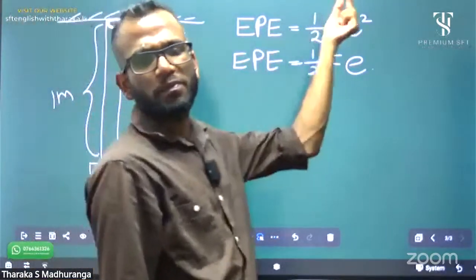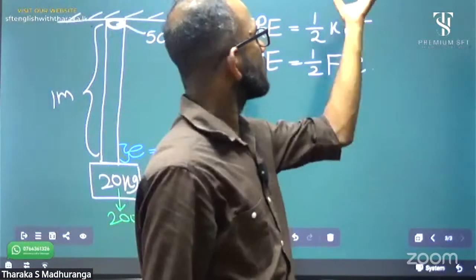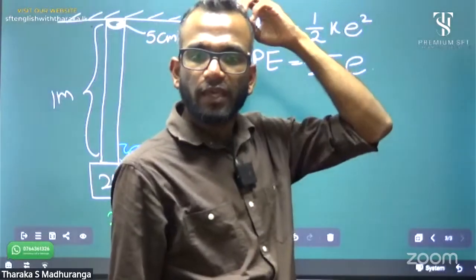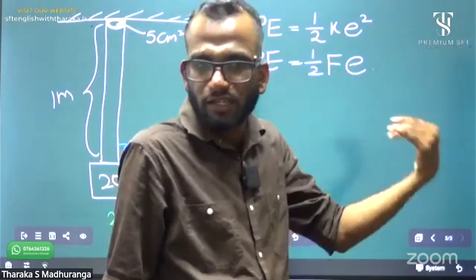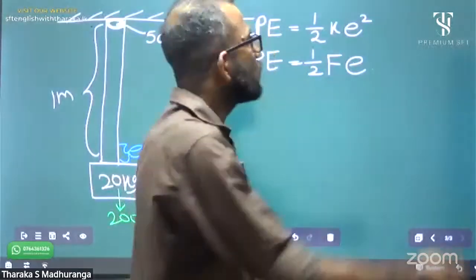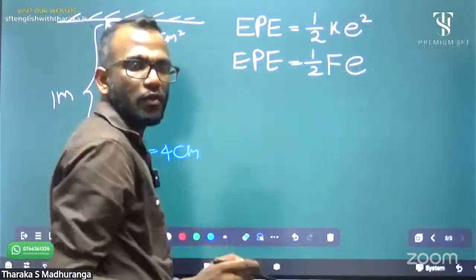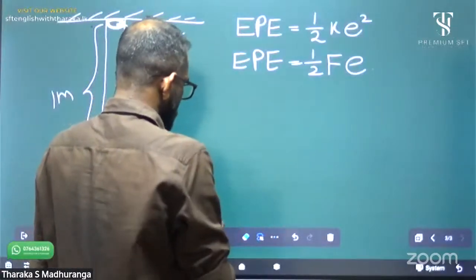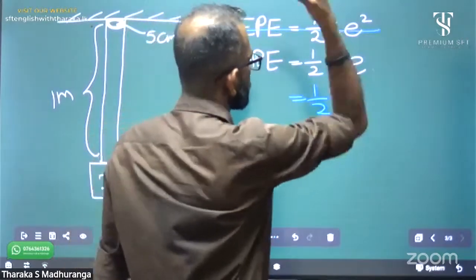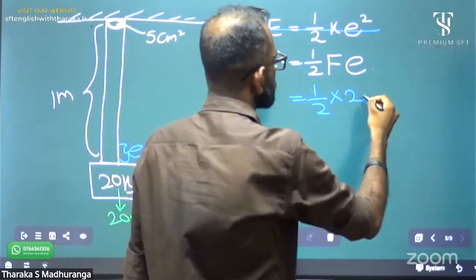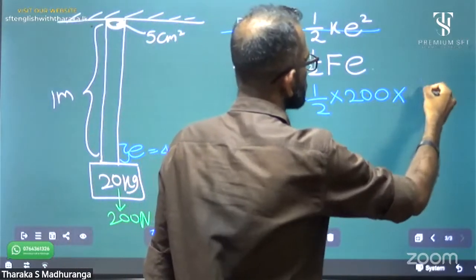Now we don't know the K value. What's the meaning of K? Spring constant. We don't know the spring constant of this rubber string, but we know the applied force and extension.